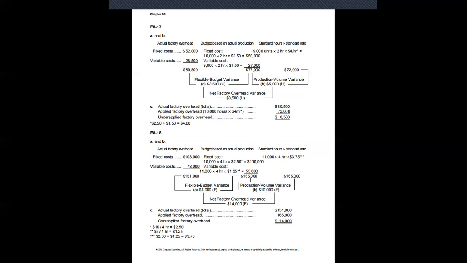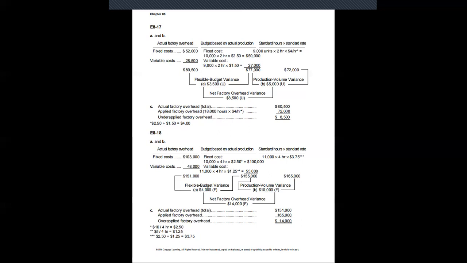So we now get the total of 77,000. Then for the standard hours times standard rate, 9,000 units times 2 hours per unit, and we have $4 per hour. Now this data would end up with a determination of your standard hours times standard rate. So it gives us 9,000 times 2, 18,000 times 4 equals 72,000.